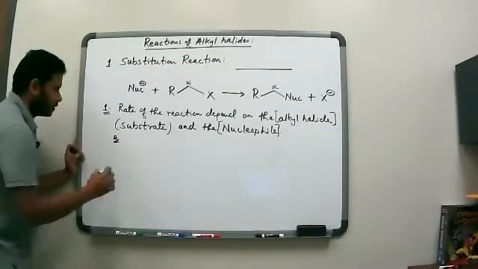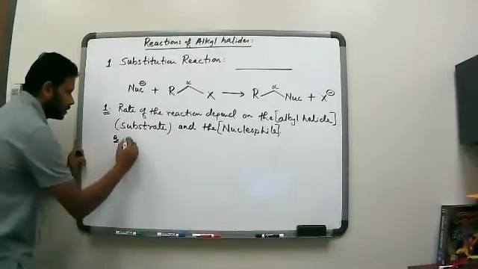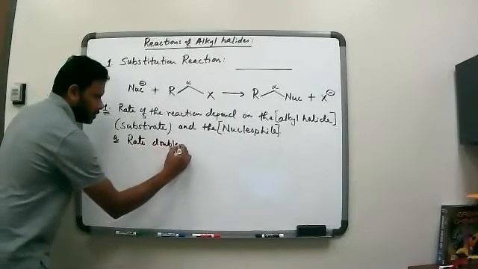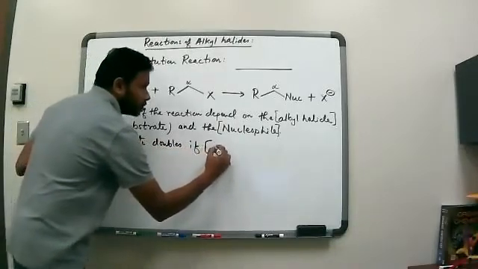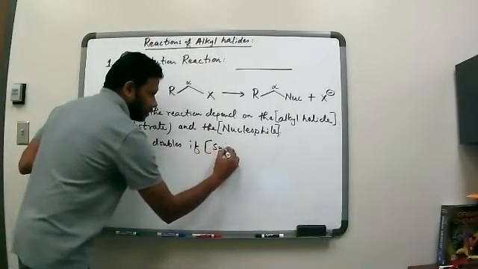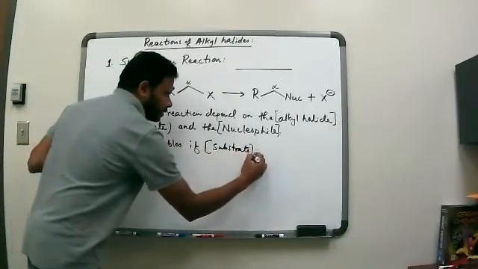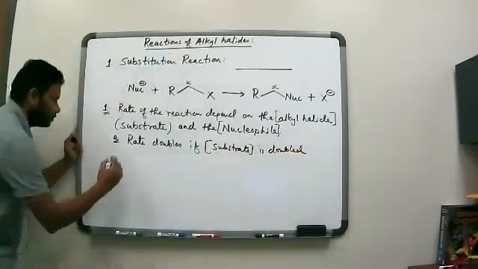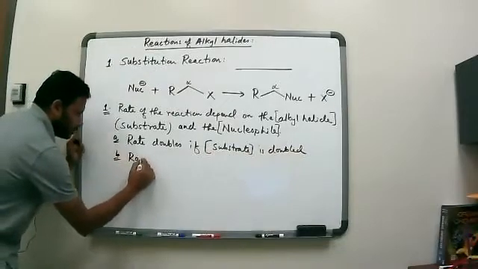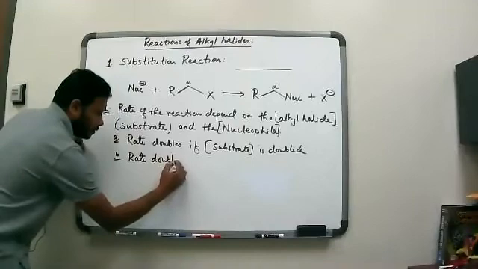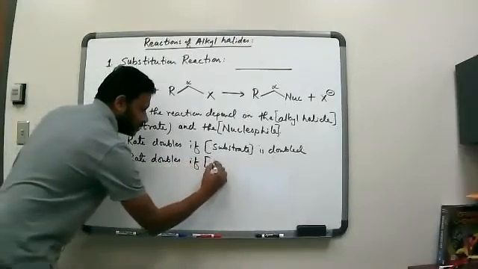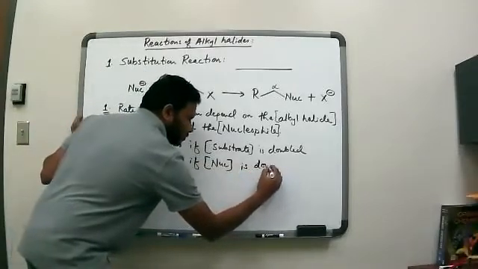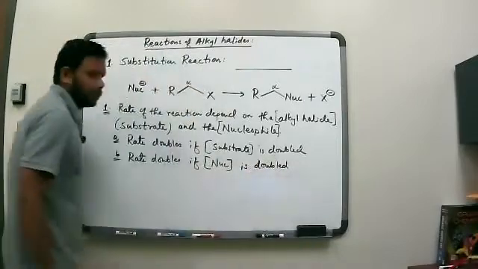Some additional stuff here, basically subparts. The rate doubles if the concentration of the substrate is doubled. The rate doubles if the concentration of the nucleophile is doubled.